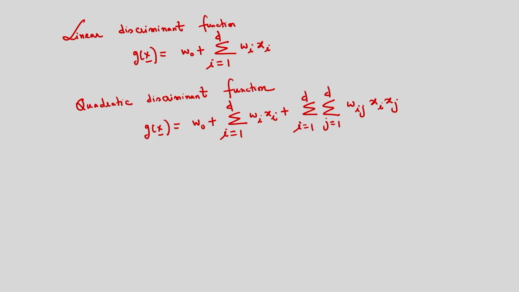Now let us see how we can do the classification with the discriminant function. I will be discussing two techniques. One is one versus all classification and another one is one versus one classification. Let us discuss these two techniques of classification with the help of the discriminant function.